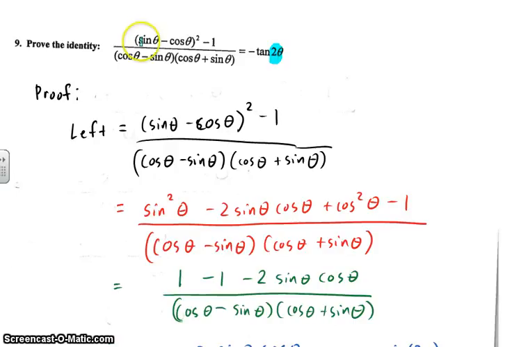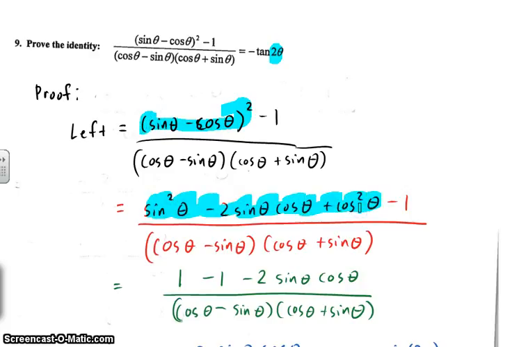So I'm going to multiply this out. That's what all this becomes right here. We still have the minus 1 right there. Then I notice there's a sine squared theta plus a cosine squared theta. Well, that's just 1. So that's where this one came from.